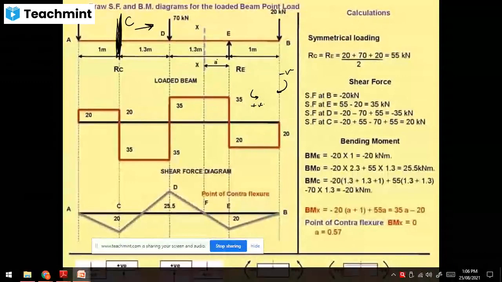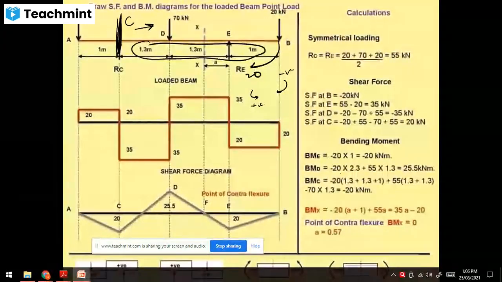So now for C, on the right of the section comes 20, into total distance 1.3 plus 1.3 plus 1. That is minus, as clockwise is negative towards the right of the section.